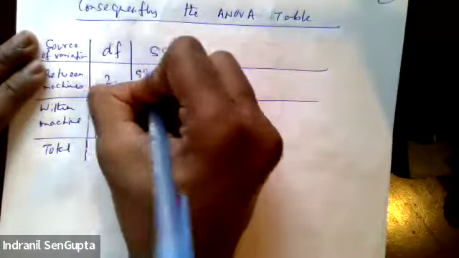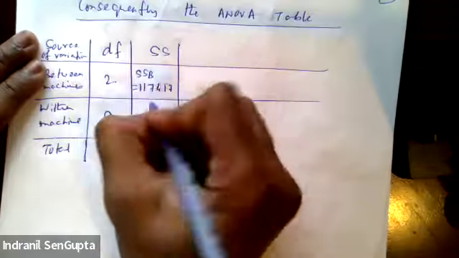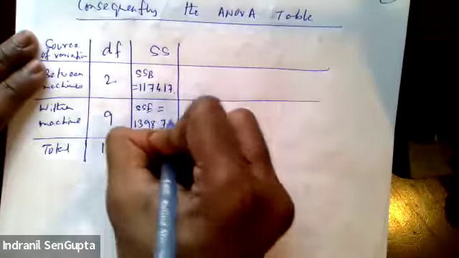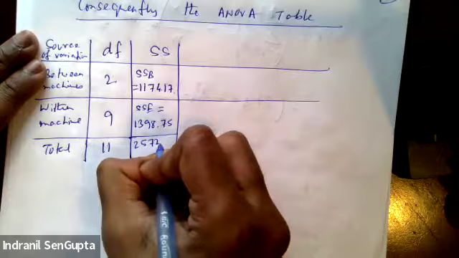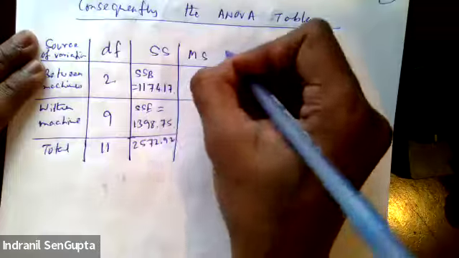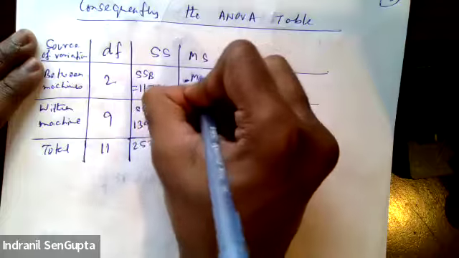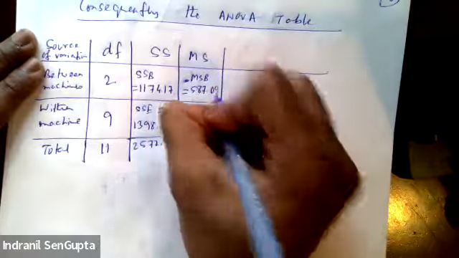SS: the first one is the SSB, which we found to be 1174.17. And then we have SSE, which we found to be 1398.75. So the total SS is 2572.92. Then MS: the first one we found to be MSB, 587.09.